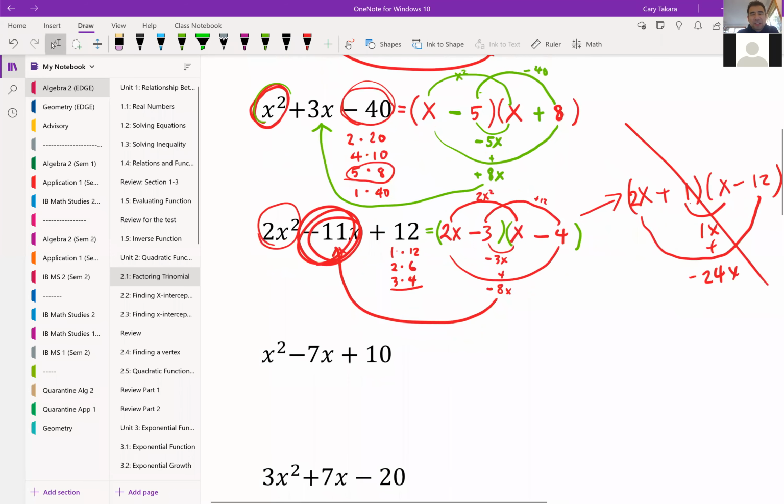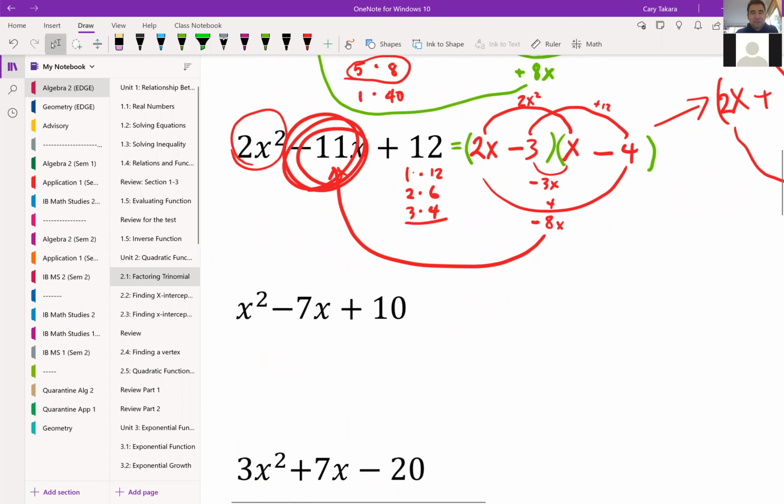So why don't you try this all by yourself? Next one, just go as far as you can. x squared minus 7x plus 10.